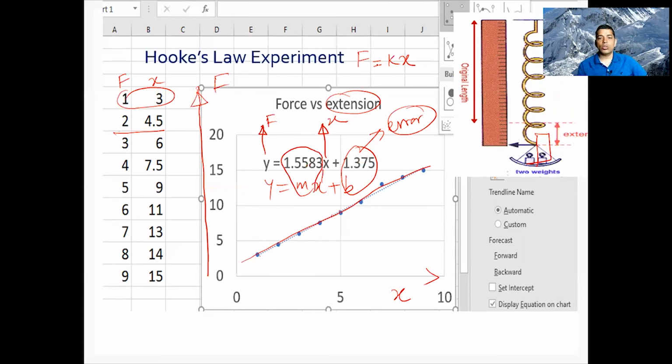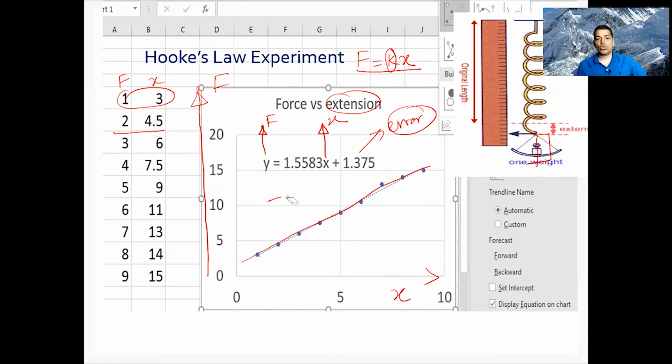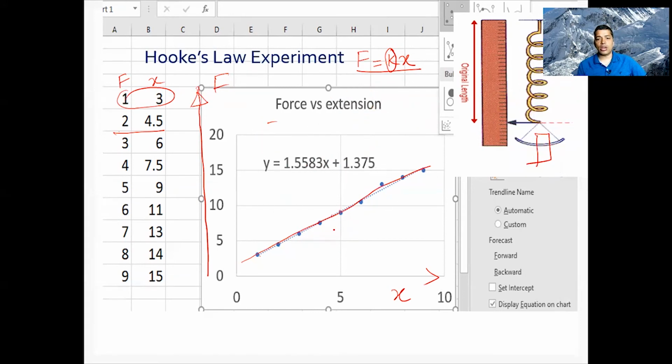So this must be k, because if you compare these two, ignoring b, y equals mx compared with F equals kx, we get that k equals m, meaning the slope of this straight line. So the slope of the straight line gives you the spring constant. This is how you find the spring constant.